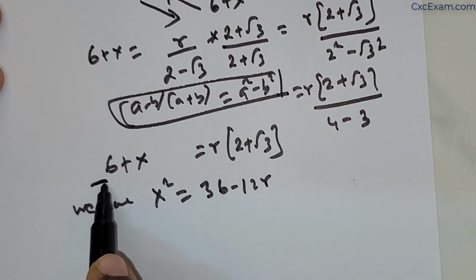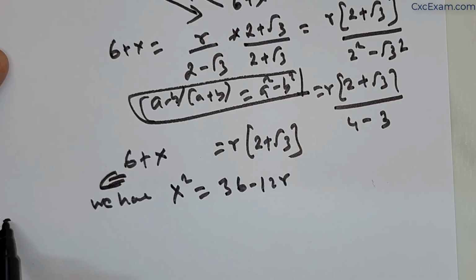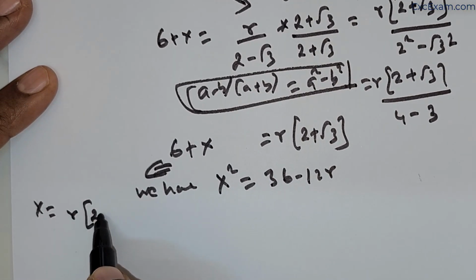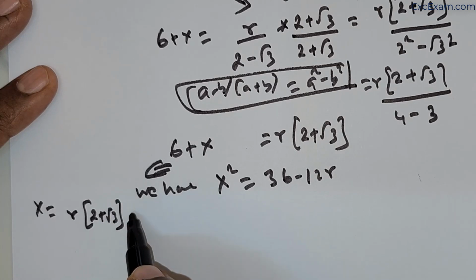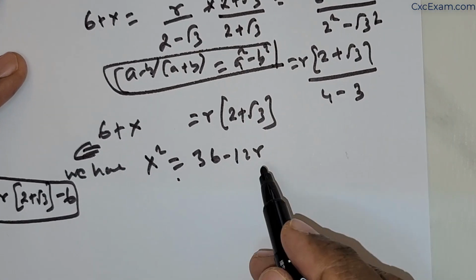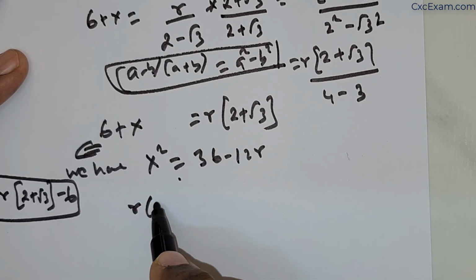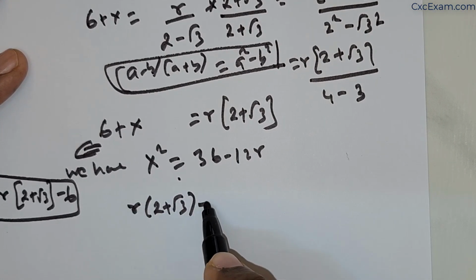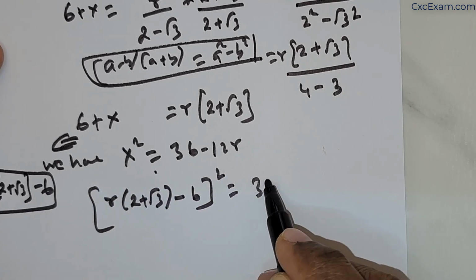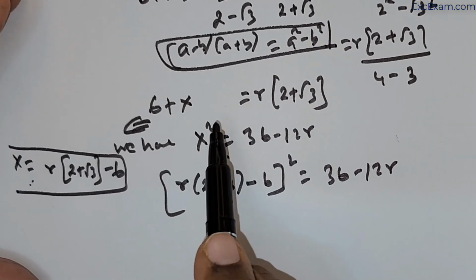So from here I can rewrite x to be equal to r of 2 positive root of 3 negative 6. So I take this and substitute here. So this is going to be r of 2 positive root of 3 negative 6, the whole squared, is equal to 36 negative 12r. I hope you are following this.